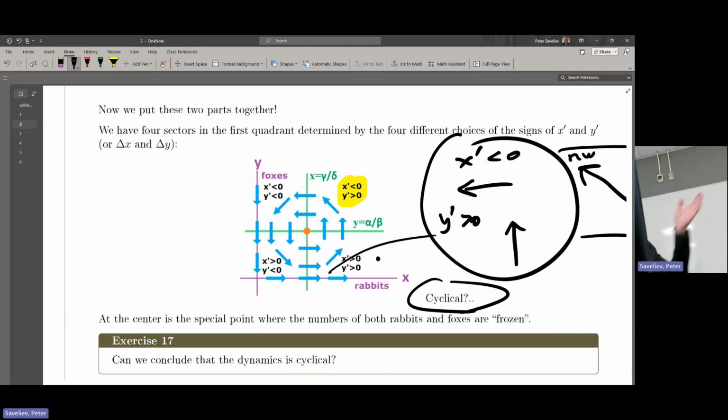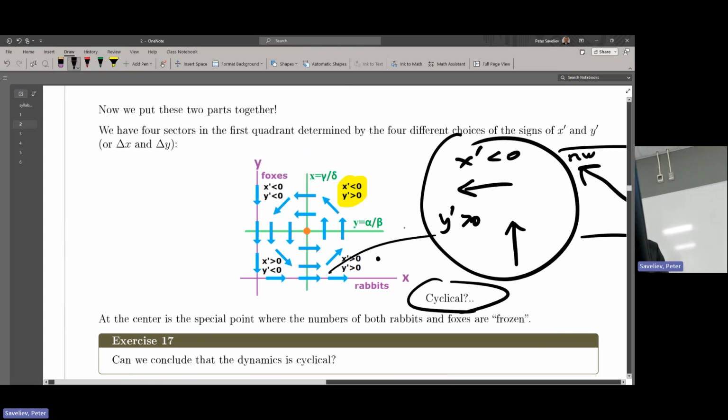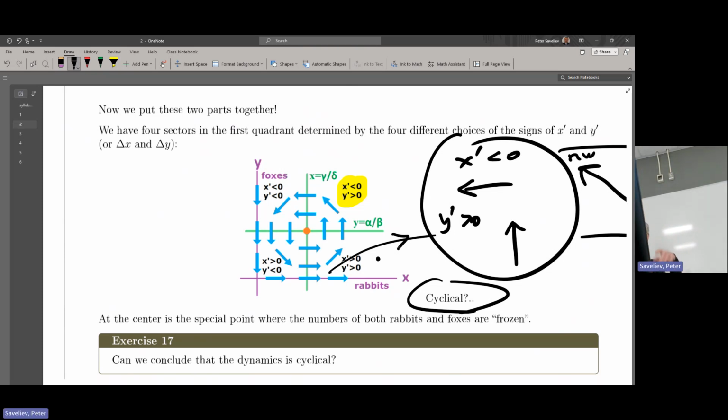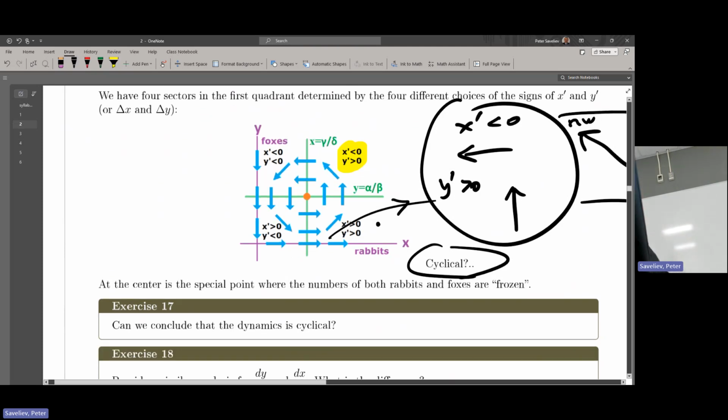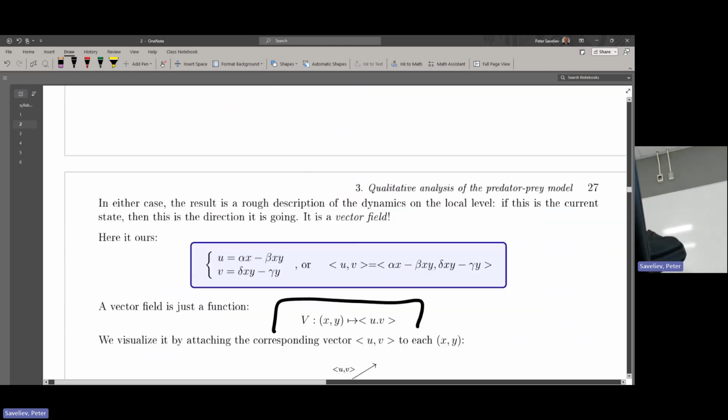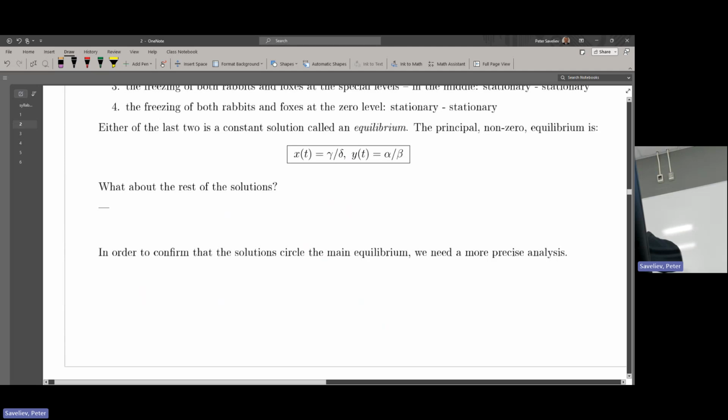Is it possible for the behavior to be like this, which means that the rabbits are growing while the foxes are limited? That would definitely indicate there is no kind of spiraling. So that's another possibility that I want to put forward. It's not necessarily spiraling in, out, or stationary, and we want to eliminate that possibility by qualitative analysis.